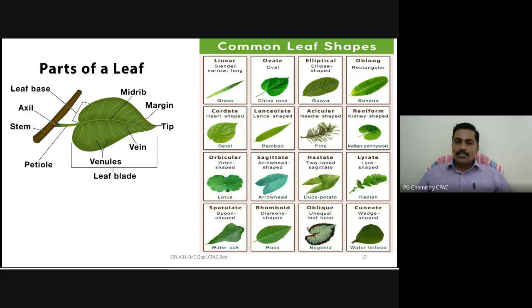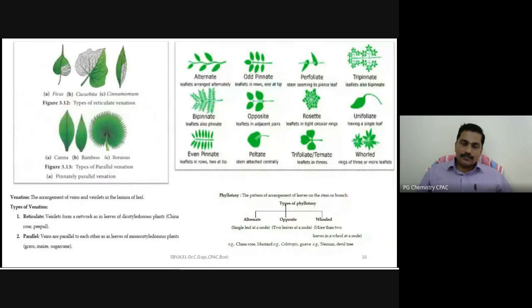So all those are some examples of leaf shapes. Linear, for example grass; ovate, for example China rose; needle, for example pine; reniform, like a kidney shape, which is an example of Indian pennywort. So these are the different types of leaf shapes.